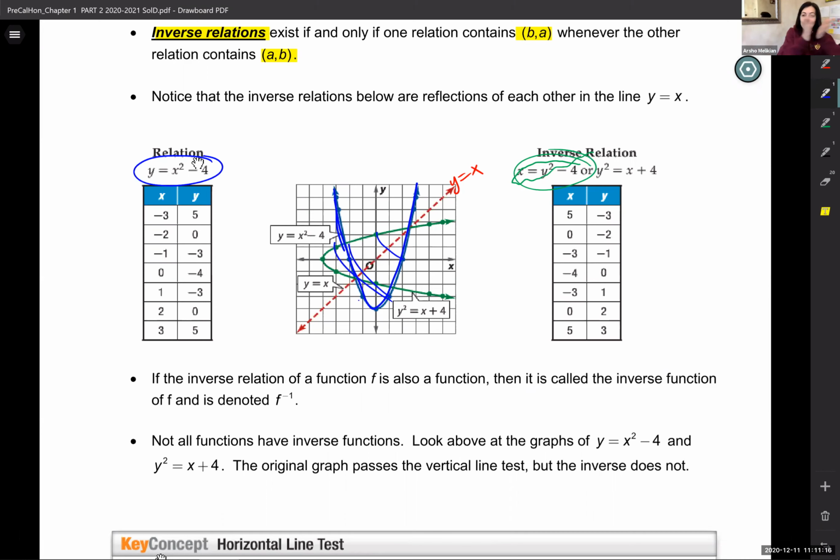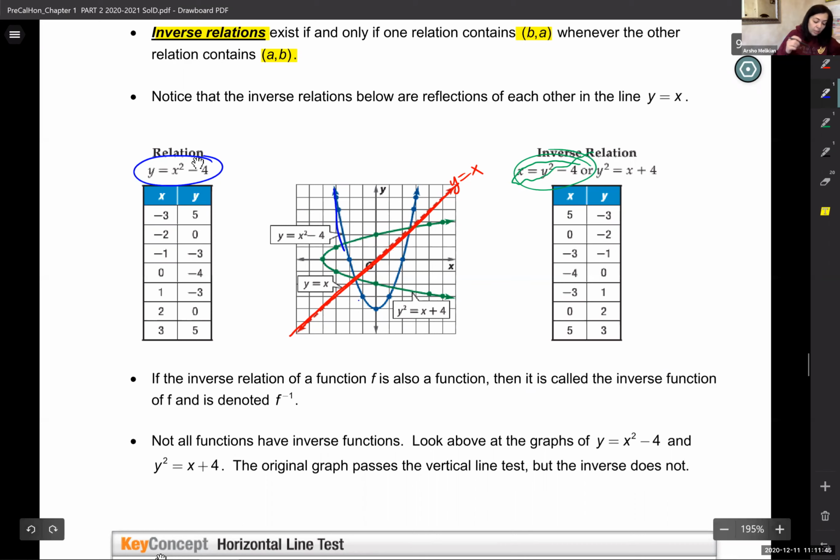It's kind of hard to visualize, but if this is the line around which I'm folding, or imagine mirroring the blue over that, each point on the blue graph is mirrored on the green graph. So that's how a relation and its inverse are related.